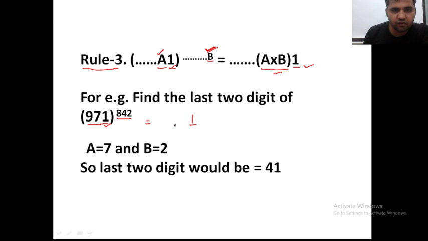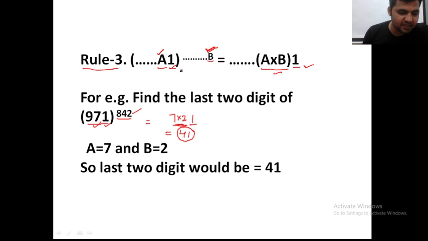Now our job is to find the tens place digit. It would be the product of the tens place of this number with the unit digit of the power. The tens place of the number is 7 and the unit digit of the power is 2. So 7 into 2 is 14, of which the unit digit 4 becomes the tens place digit of this complete number. So the last two digits of the number will become 41.